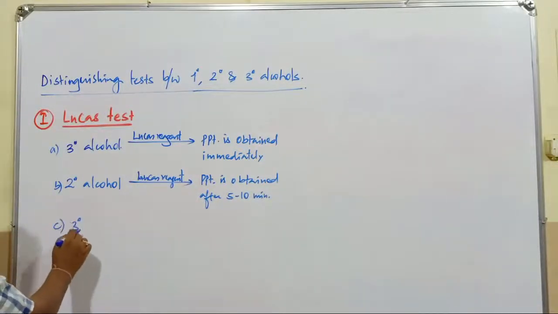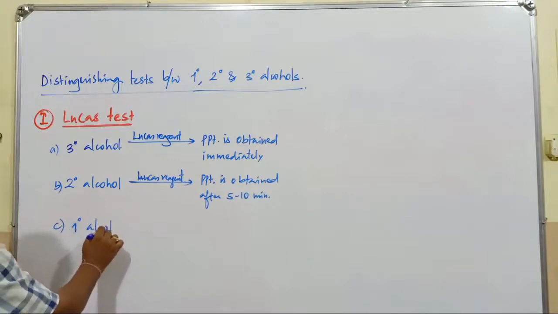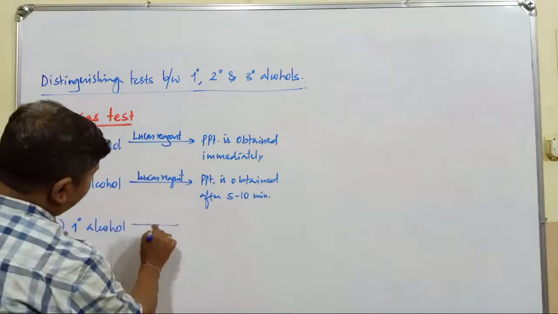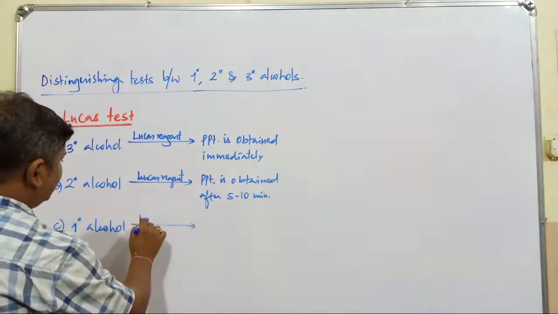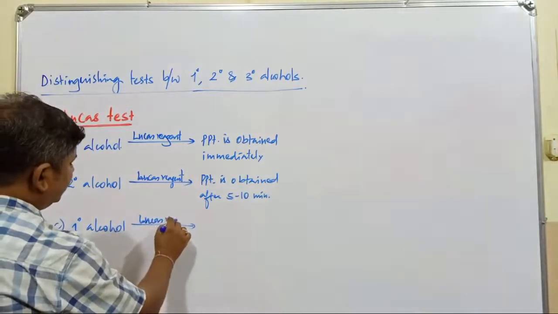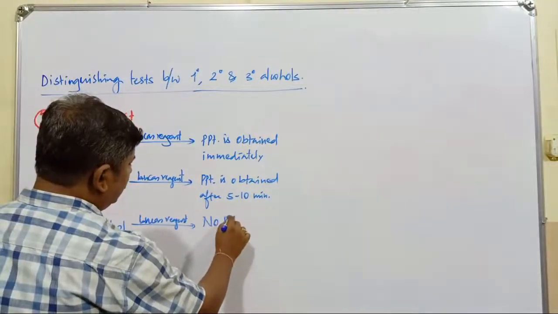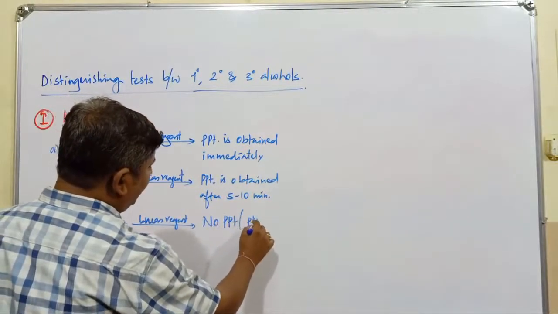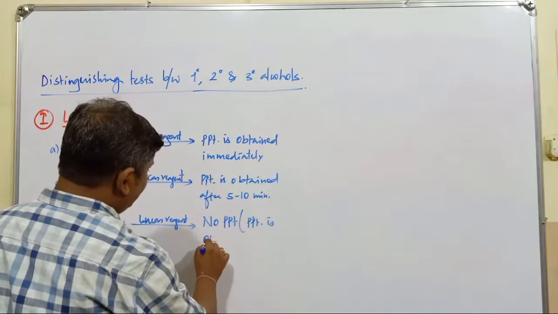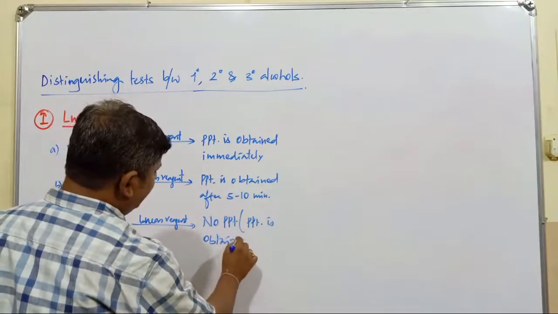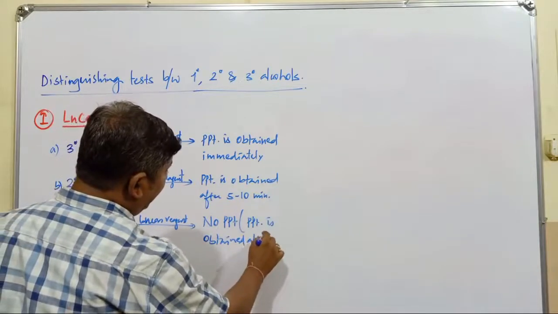If it is a primary alcohol which is treated with Lucas reagent, what is the observation here? No precipitate, or sometimes a precipitate is obtained after heating.